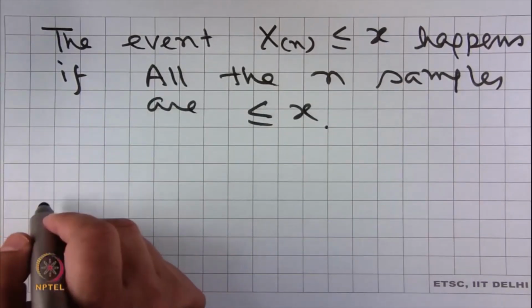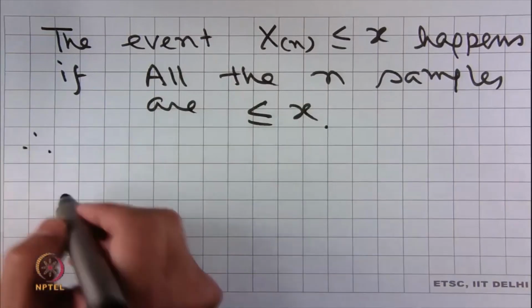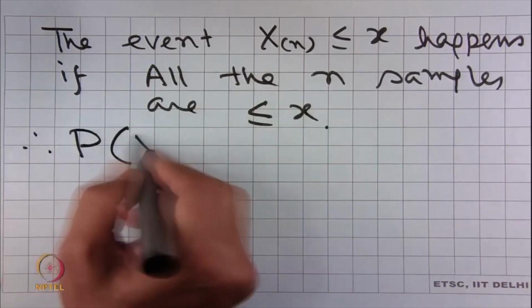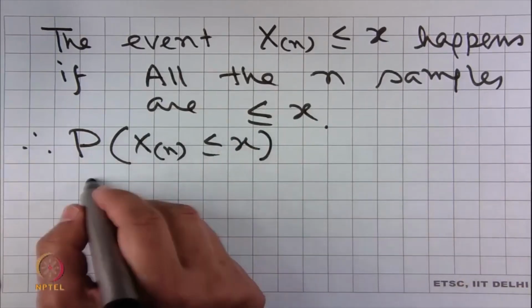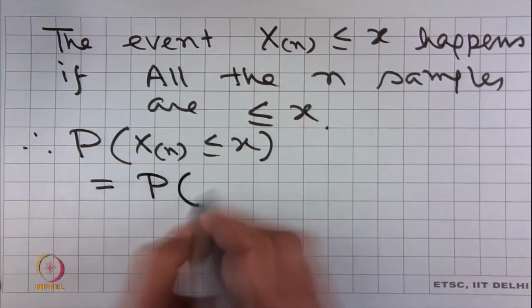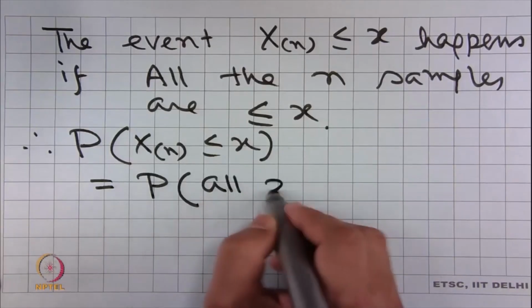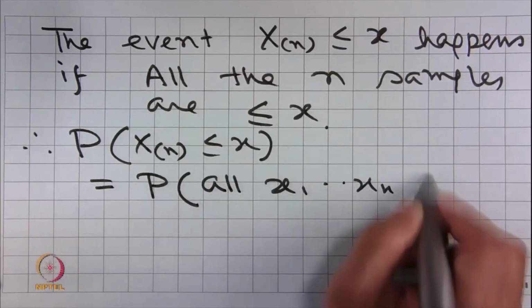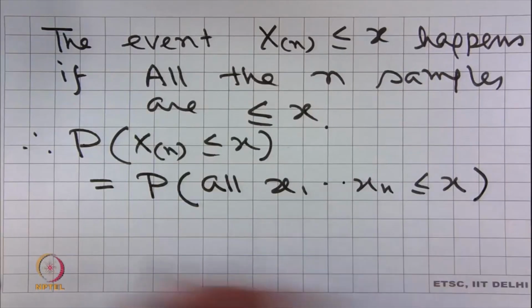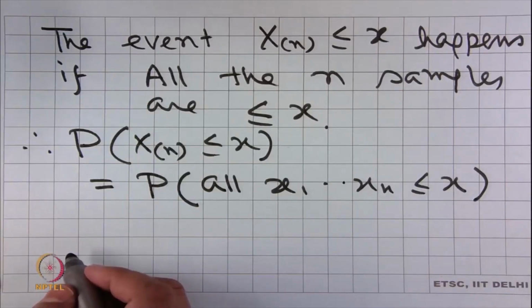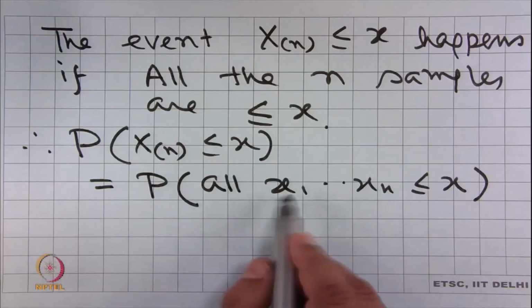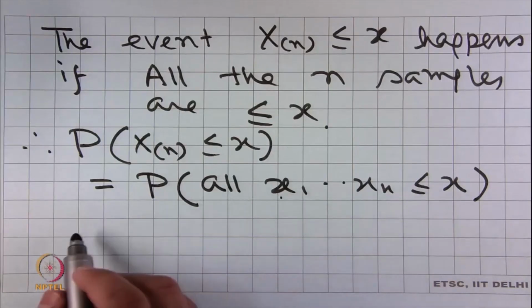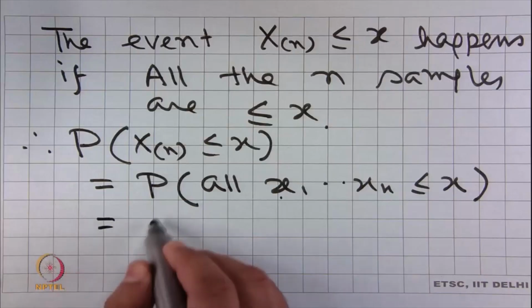Therefore, probability Xn less than or equal to x is equal to the probability that all of X1, X2, ..., Xn are less than or equal to x. And what is the probability that any one of them is less than or equal to x? That is F(x).